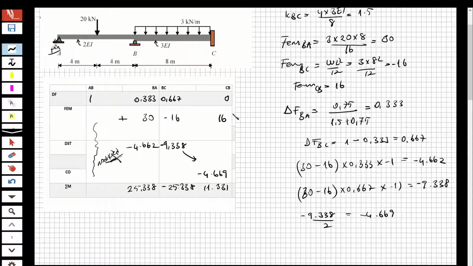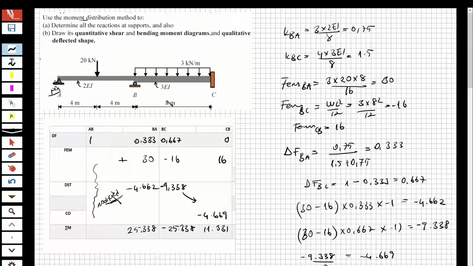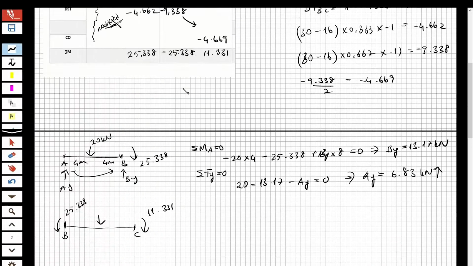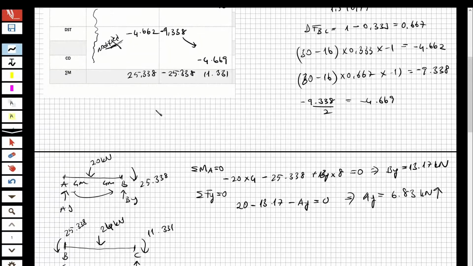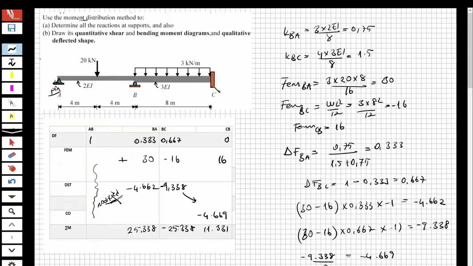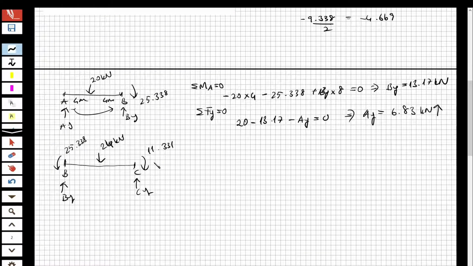Let's check the value of that force: 3 multiplied by 8 is 24 kilonewton. And I have BY, and also CY, and also a moment at C. Let's check the shape, and this support is fixed, so there is going to be a moment here also.